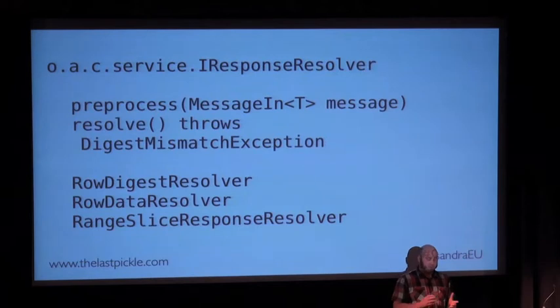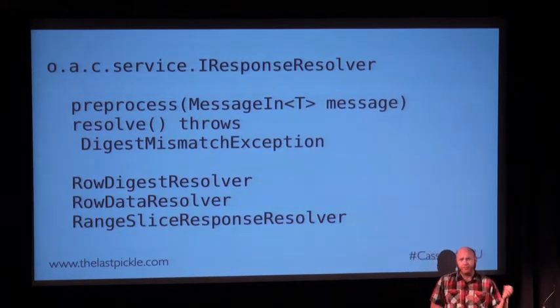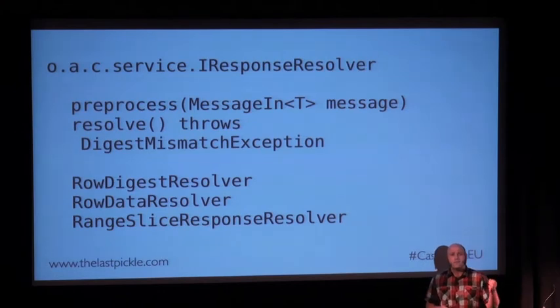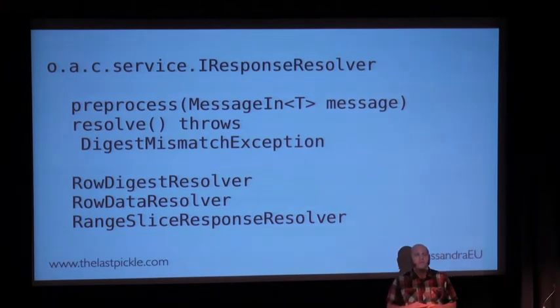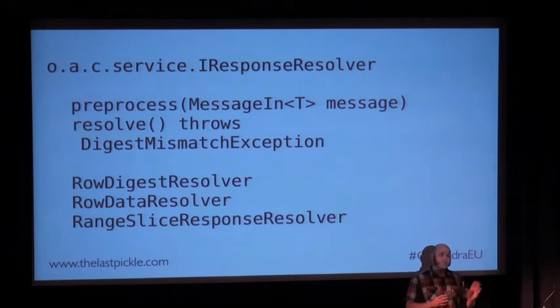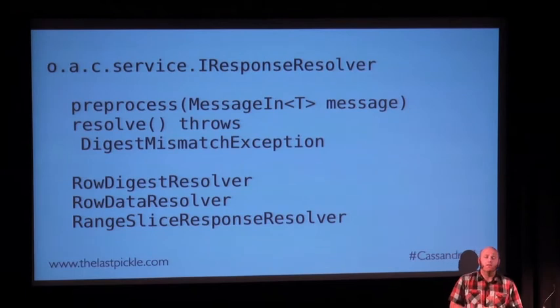Pretty simple interface, only got two functions on it. We call preprocess when we've got a message delivered. So we've got a response from another node, we're going to call preprocess, hand it over. Once enough messages have been delivered, we call resolve. And the implementation of resolve is different depending on the type of response resolver that we're using.